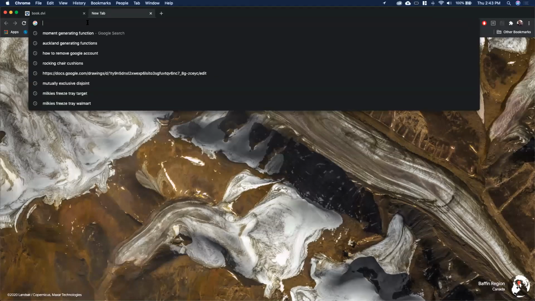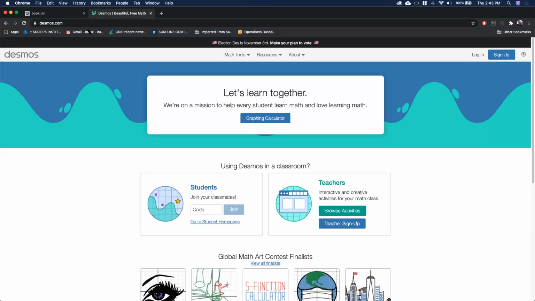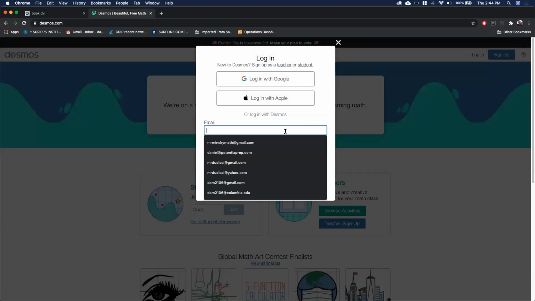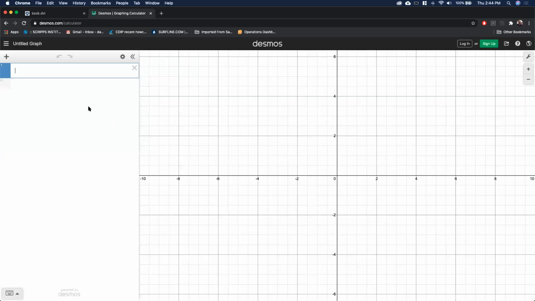Let's just go to Desmos. Oops. That's not what I wanted to do. So you can do a lot of these different types of problems. Do I have a password? I don't even know. I need to log in. So yeah, if you do Desmos, you can plug in like 77, y equals minus.